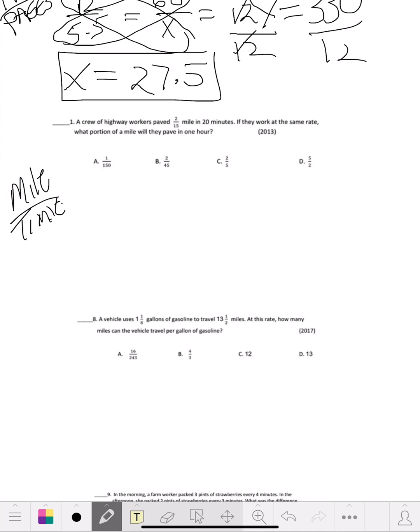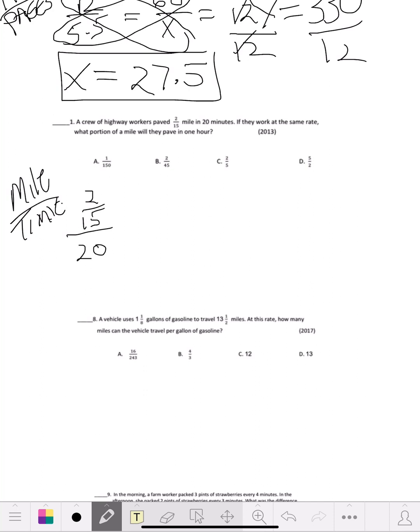So I can either leave this as a fraction, because I can't quickly deduce what 2/15 is, or I could calculate what 2/15 is. But I'm going to leave it as a fraction. So the mile is 2/15 of a mile. I'll leave that as the top number. Now, the time, 20 minutes. I can put that at the bottom.